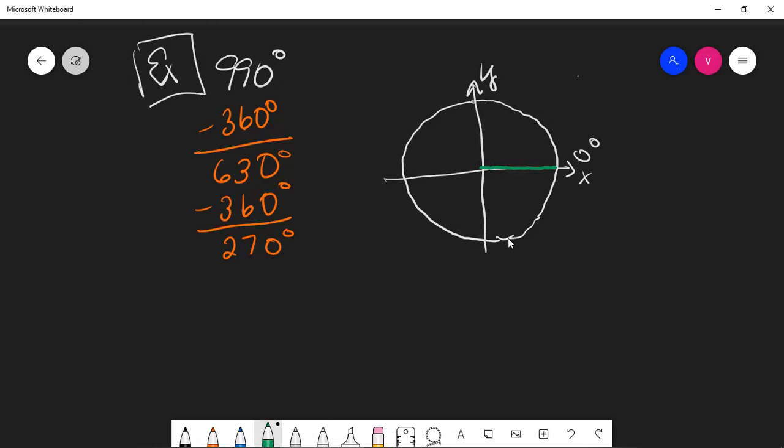No matter which direction you're going, it's always starting here. And in this case, we're going to go to the right, positive. So positive 90 plus another 90, that's 180, plus another 90, that's 270, that direction. Okay, so your initial side is here, your terminal side is right here, ending at 270.